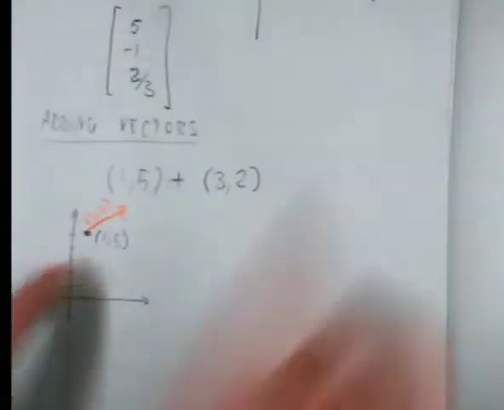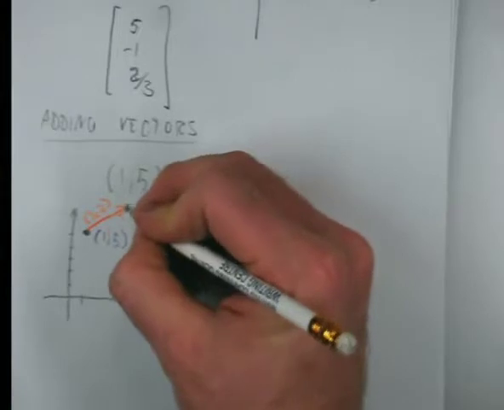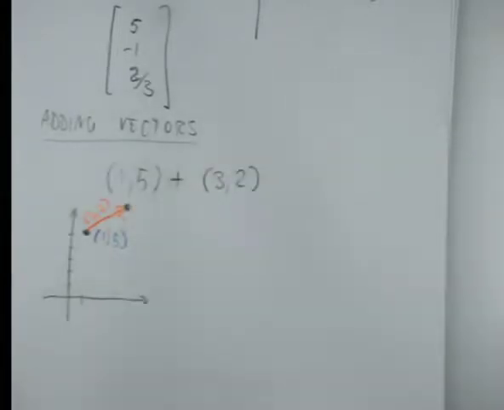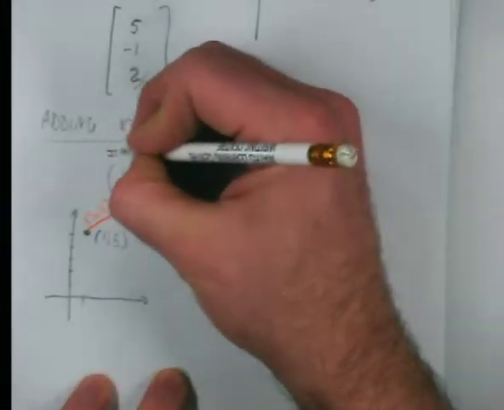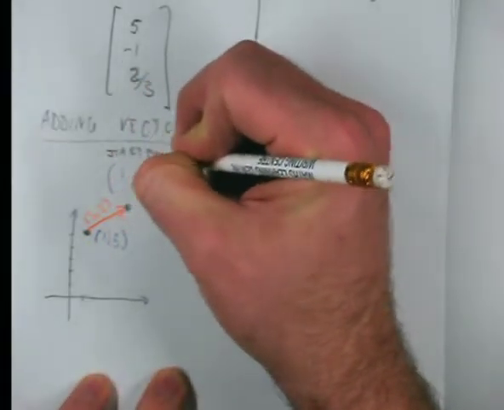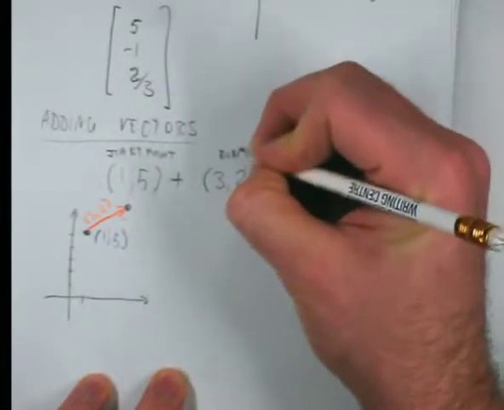And then the result is this brand new point here. So I can actually think of it as a point plus a direction. This is a starting point plus a direction.